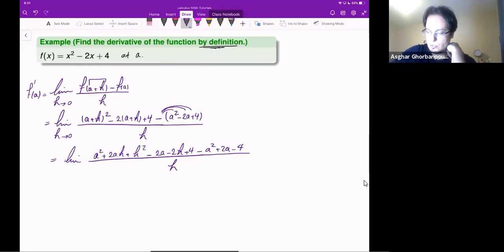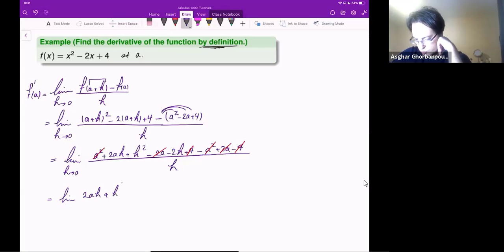Right away, you notice that this negative 4 cancels with plus 4, 2a cancels with negative 2a, a squared with a squared. So my limit is basically the limit of 2ah plus h squared minus 2h over h as h goes to 0.